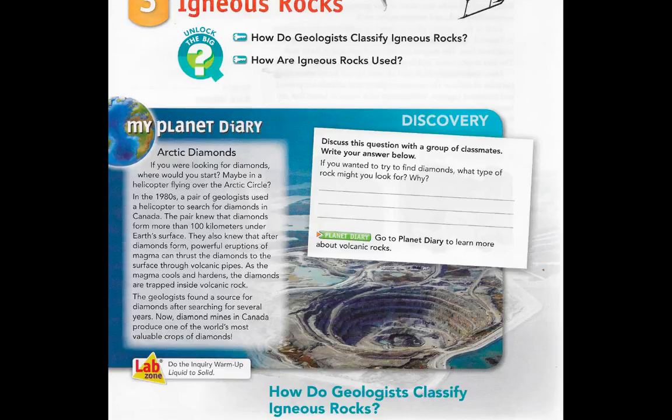They also knew that after diamonds form, powerful eruptions of magma can thrust the diamonds to the surface through volcanic pipes. As magma cools and hardens, the diamonds are trapped inside volcanic rock. The geologists found a source of diamonds after searching for several years. Now, diamond mines in Canada produce one of the world's most valuable crops of diamonds. Pretty cool.